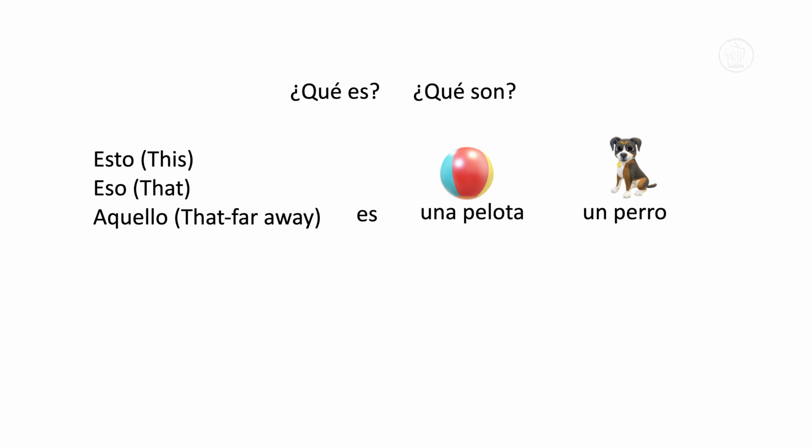So as you could see, we use esto when referring to pelota, which is a feminine noun, and we also used esto when referring to perro, which is a masculine noun. Esto es una pelota. Esto es un perro. Now, if it's near, and I say, ¿qué es?